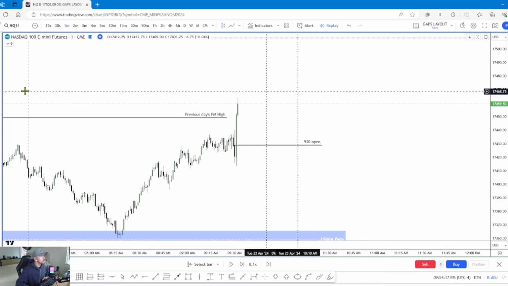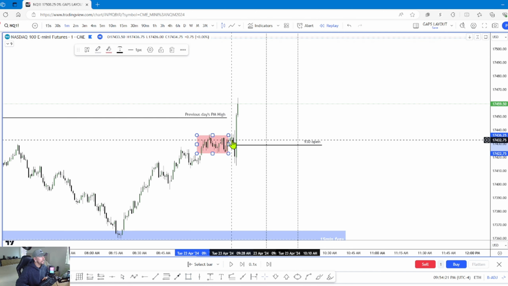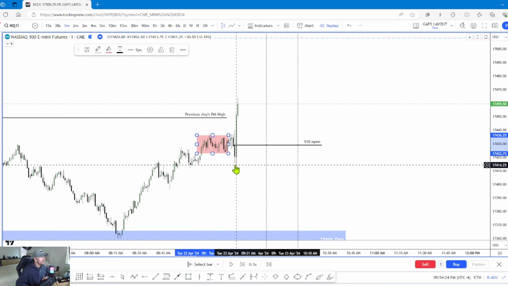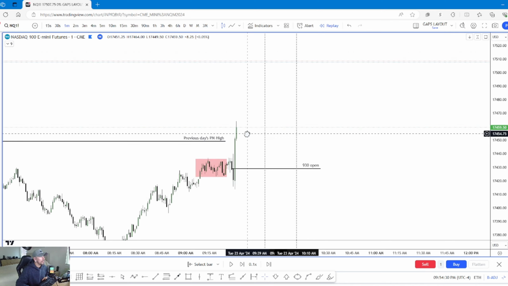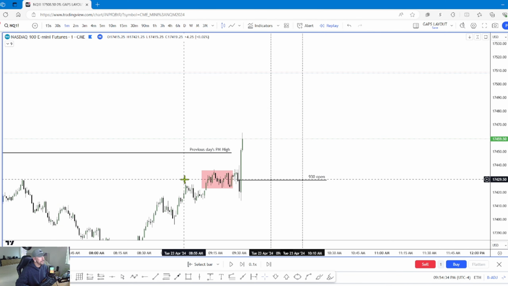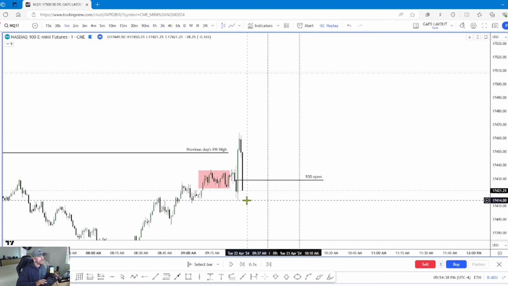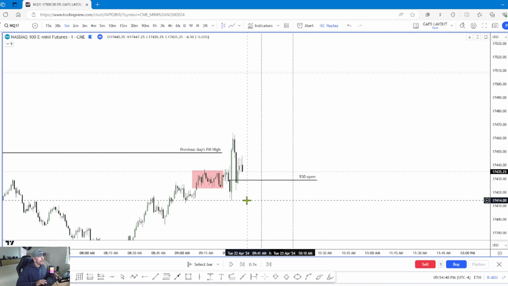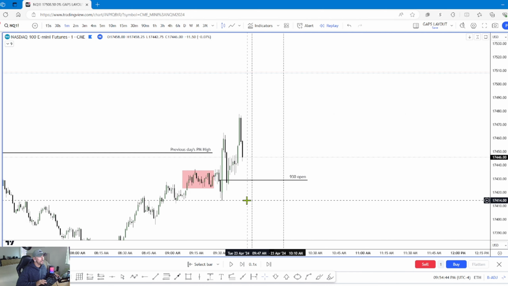We have a short-term consolidation, manipulation lower to induce a little bit of selling, and then distribution higher. So we know that our draw is Friday's high. We already have a higher time frame market structure shift higher. So now we're just looking for reasons to be able to enter during this 9:50 window.